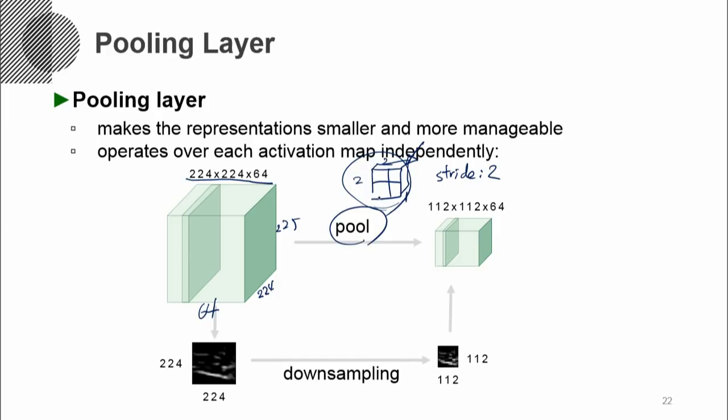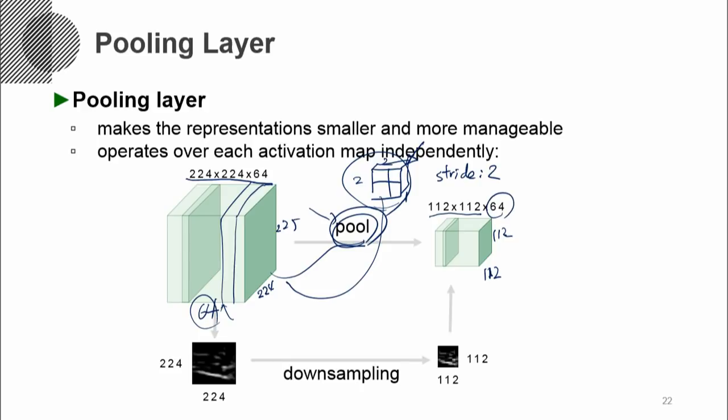So it will be applied to the first depth of an image, which we call a channel. The first channel will have this pooling operation, and that way you will have 112 by 112 as the activation map size. Then we perform this pooling for each of the 64 different channels, and we will have the same number of channels.